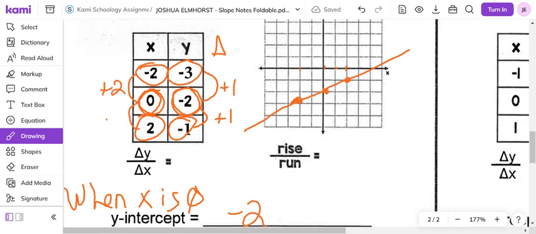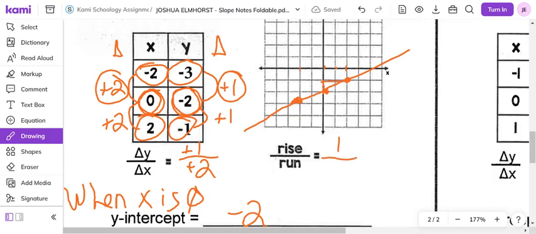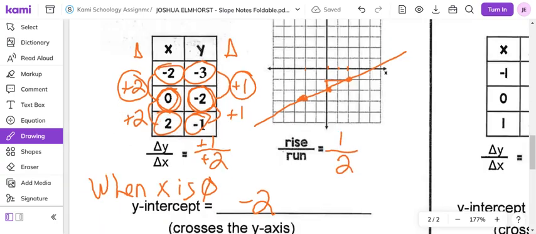And from 0 to 2, it is going to go up 2. So we're going to look at this fraction ratio relationship between change in y over change in x. So change in y is going to be 1, change in x is going to be 2. So the rise of the line is going up 1 over 2.